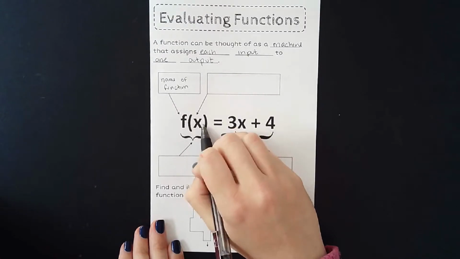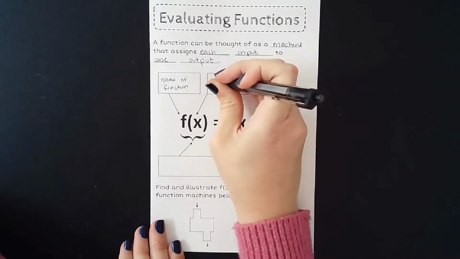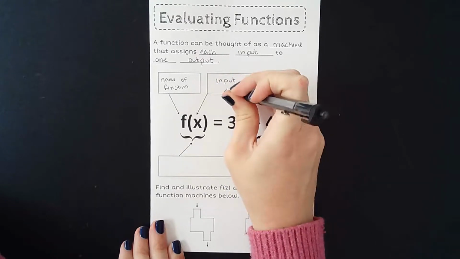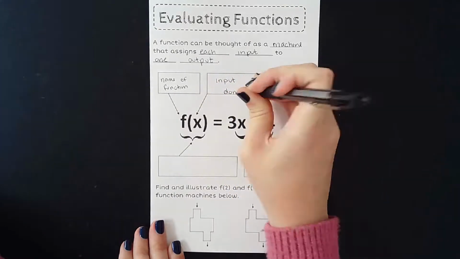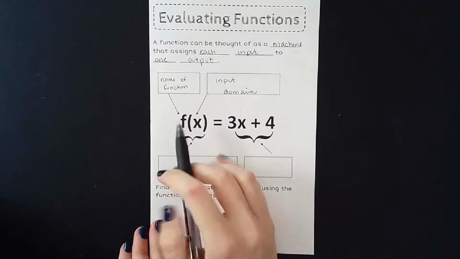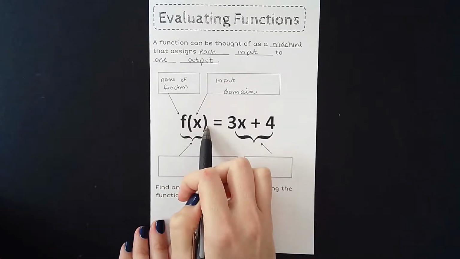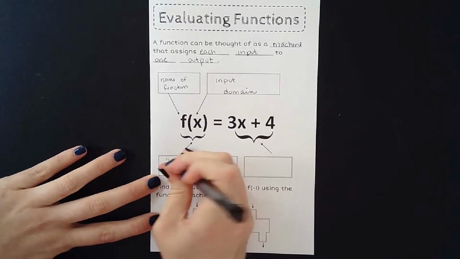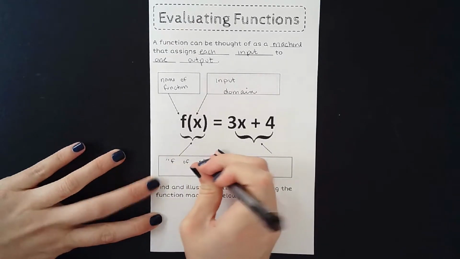In parentheses here, this x is our input. So we know that's a domain value. And when we put this together, f parentheses x, we say this as f of x.